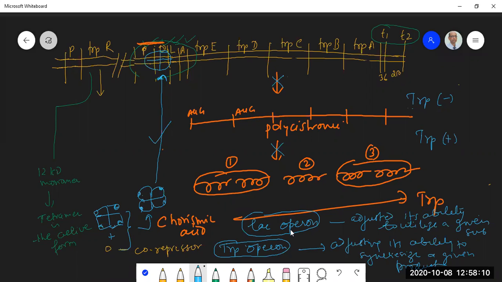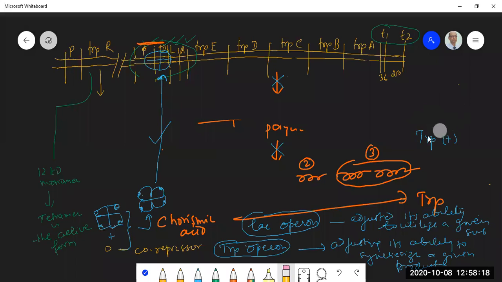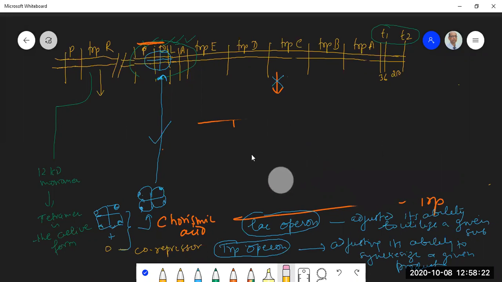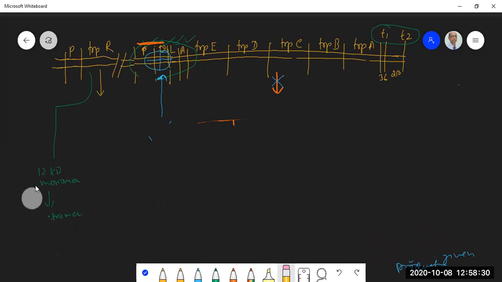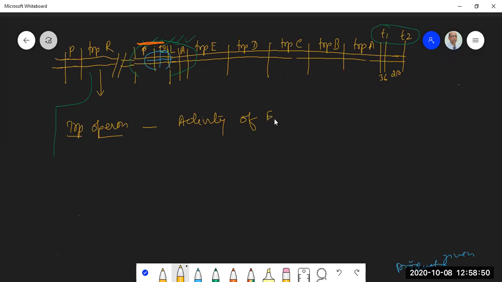Now let us understand a little bit more about this. In case of trp operon, the activity of enzyme and level of enzyme, or you can say synthesis of enzyme, all those three enzymes.